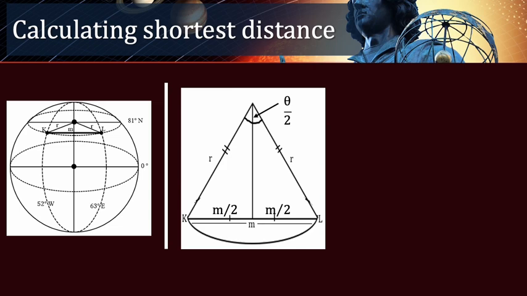So, our target here is to come up with something that will help us calculate the shortest distance. Remember, the shortest distance is M, and we don't have any details that are given for us to find M. So, what do we do? I've divided this figure into 2 equal parts, as you can see.